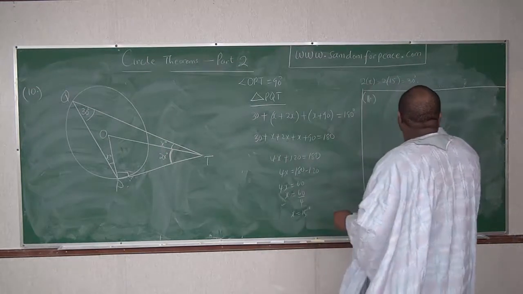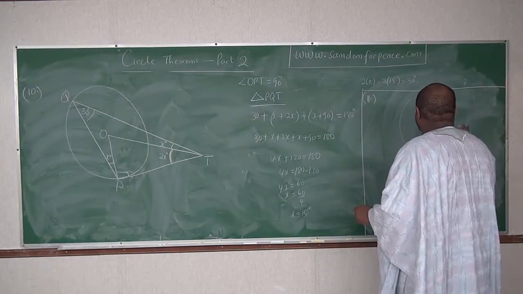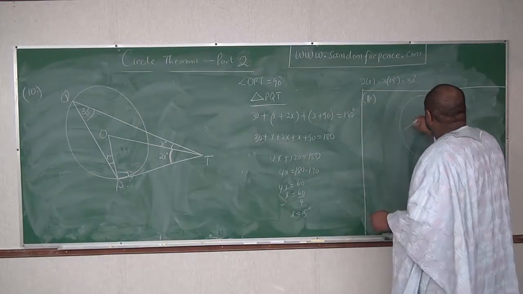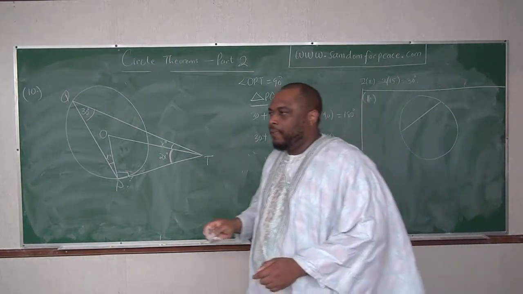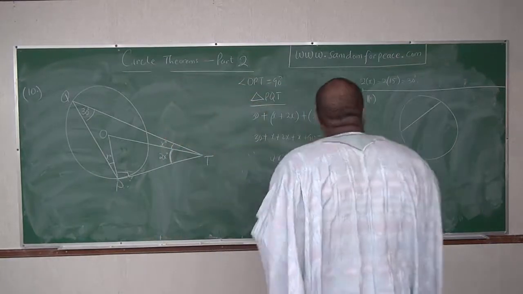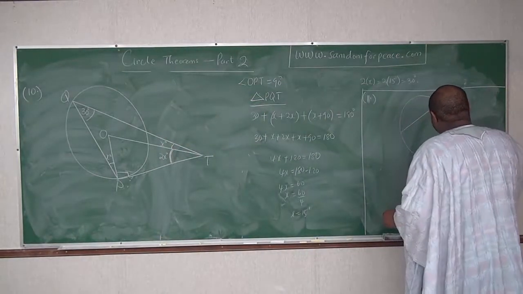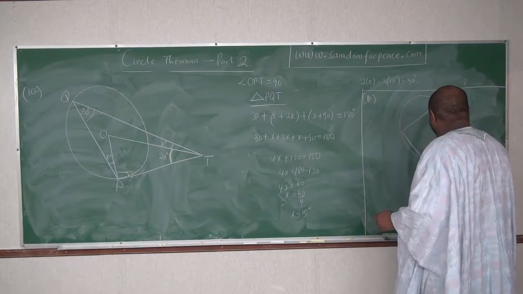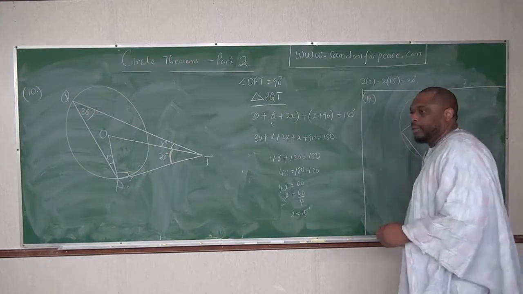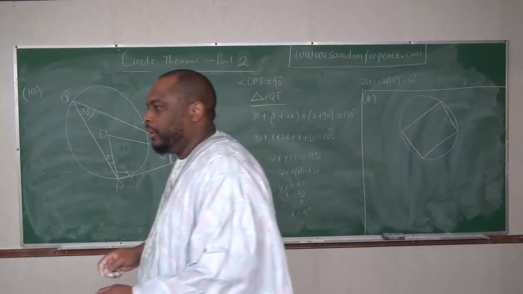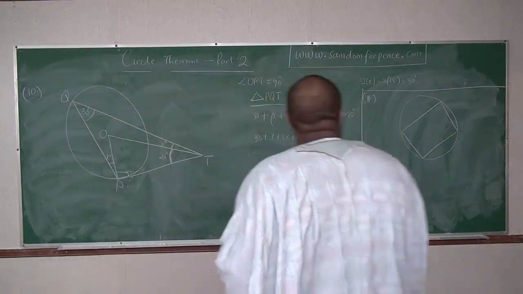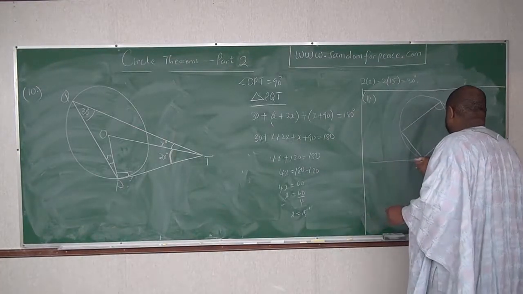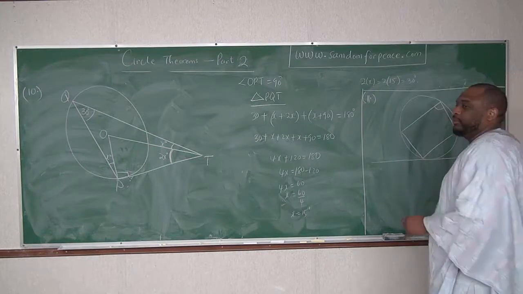So we have a circle here. We have a cyclic quadrilateral. We have a tangent. We have something here. We have a tangent to the circle.